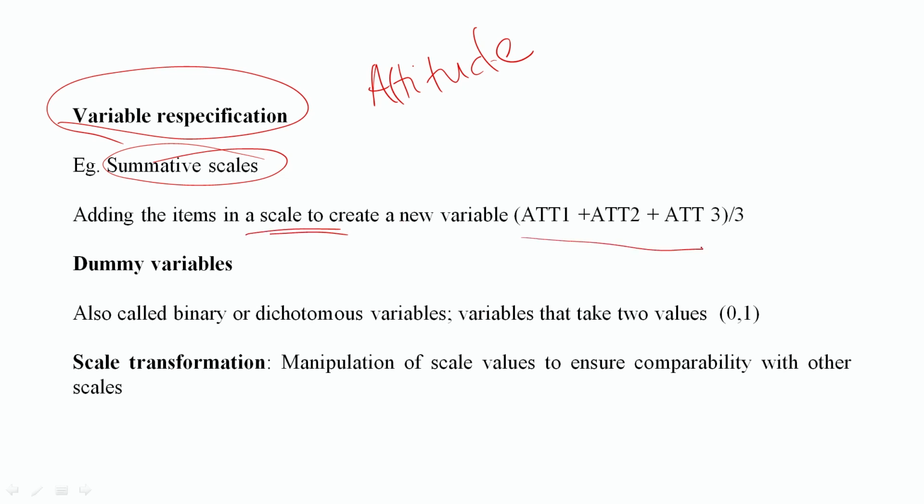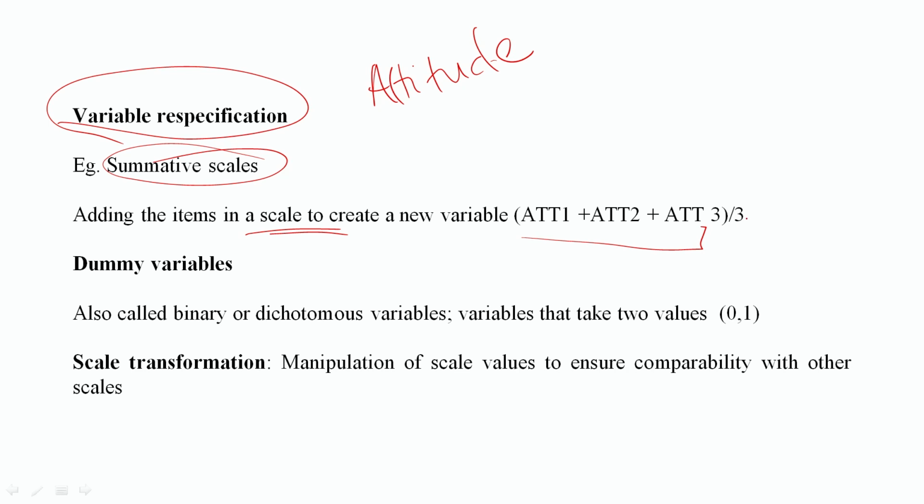There are 3 items: 1, 2 and 3. So what I have to do is create a summative scale. Instead of having three different variables, I have to represent it by one. So what did I do? I have added attitude 1, attitude 2, attitude 3 and divided by the number, the average, that is 3.